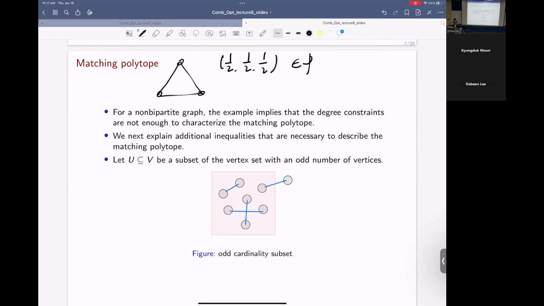We saw that x_uv plus x_vw at most 1, x_vw plus x_wu at most 1, x_uv plus x_wu at most 1. So 1/2, 1/2, 1/2 satisfies all these constraints. So it belongs to the polytope P. But this thing doesn't belong to the matching polytope.